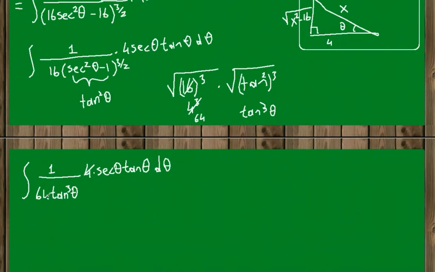So 4 and 64 simplifies to 1/16, and we can pull it to the front. One factor of tangent cancels, so we have 2 factors of tangent below and secant on top. So secant theta over tangent squared theta is left.